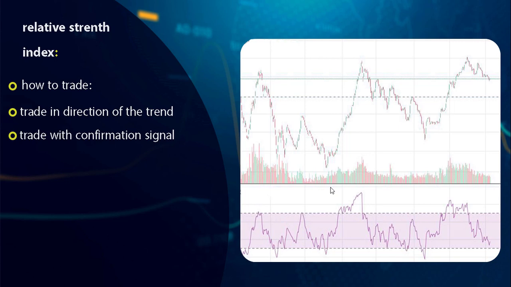If you don't know what to use to get signals, you can use trend lines, because trend lines are used by more traders, and they are more reliable to get a position with.